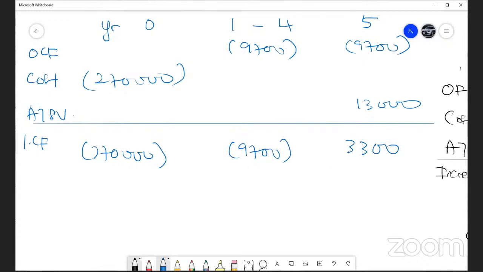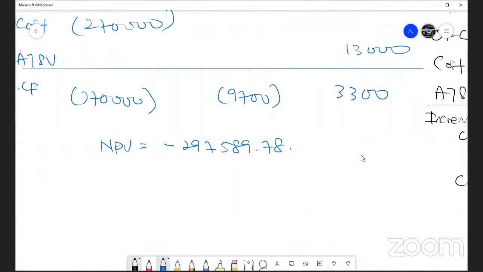So Tacron 2 will give you a way bigger NPV, negative 297,589.78. So with this, again, those who use calculator, this is your PV. Include your N equals 5. Interest is equals 12. Compute PMT.